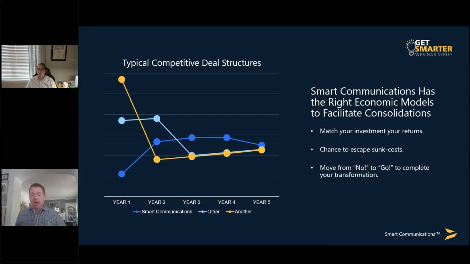Often we speak with organizations that say they can't do anything this year, it's going to be next year or the year after. We've got ways that we can begin to bring some of those migration projects forward because you're not committing to huge volumes in the earlier parts of contracts.